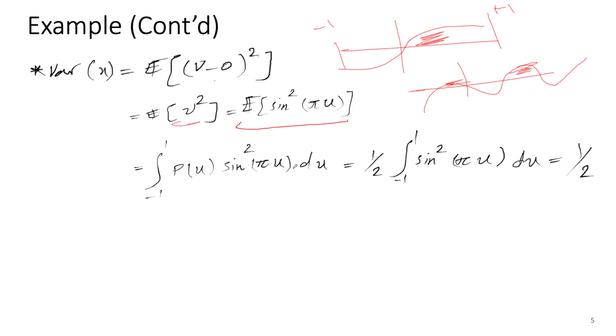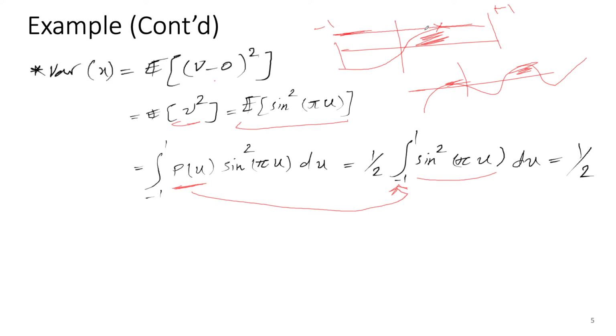This would be equal to 1/2 of this, because this one came out, the integral, and the final result would be 1/2. So your variance would be 0.5 in the case that you have a constant hypothesis and a sine of pi x function, right?